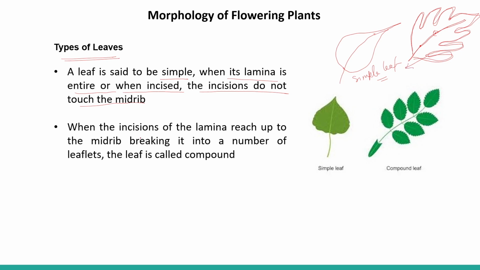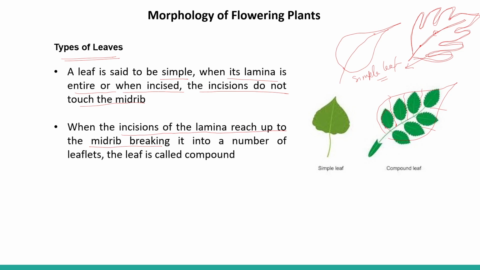Okay, but when the incision of the lamina reaches up to the midrib, so here you can see this is one leaflet. Actually, this compound leaf was earlier like this only, that is, in one leaf. But later the incisions occurred here, here, here, and these incisions touch the midrib region.